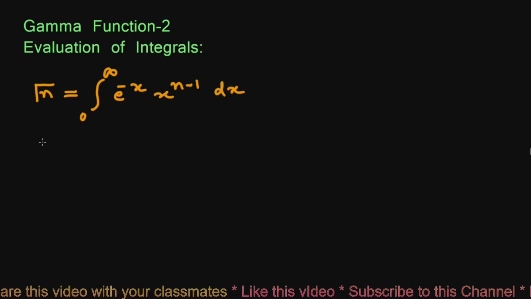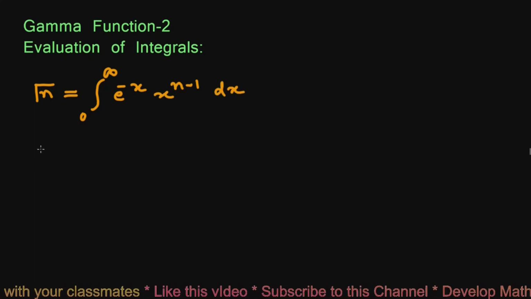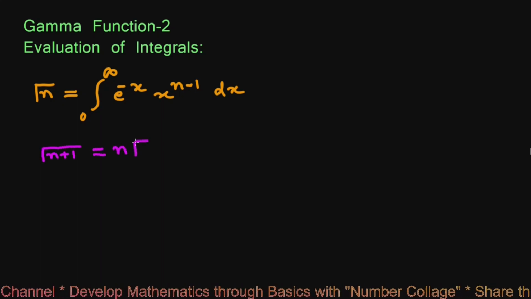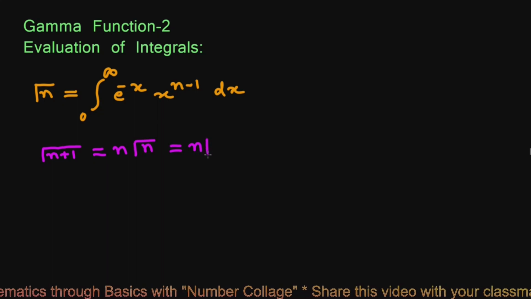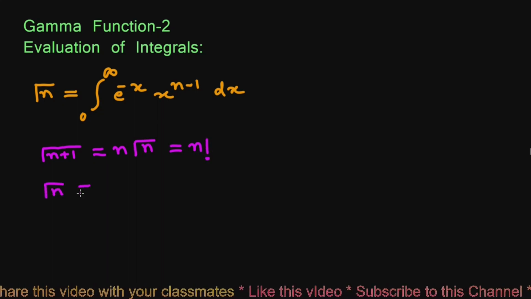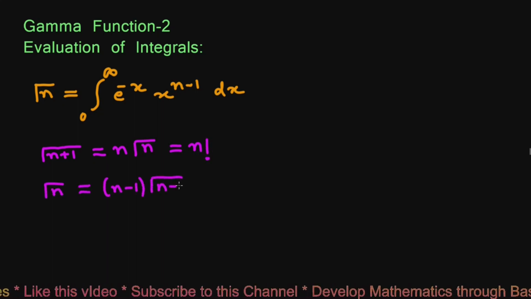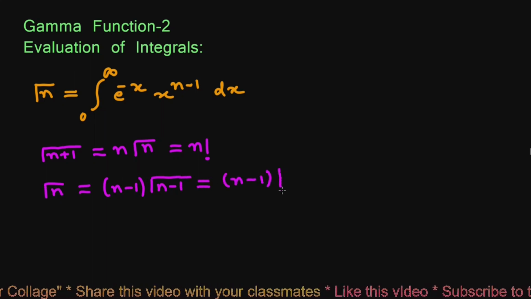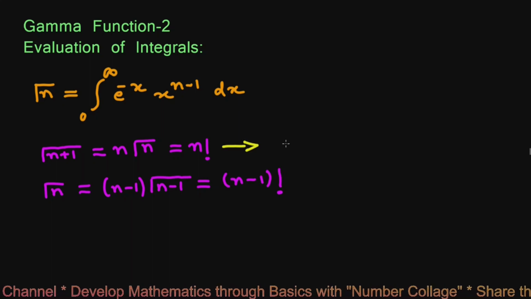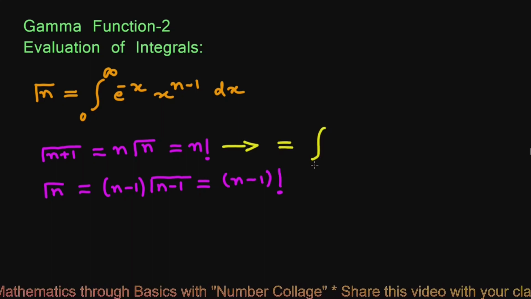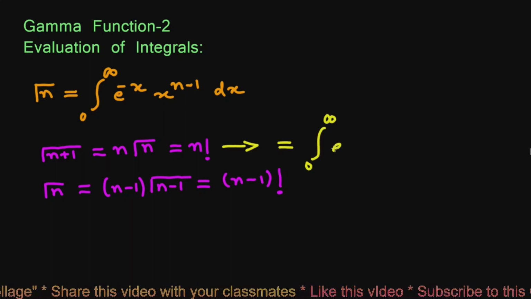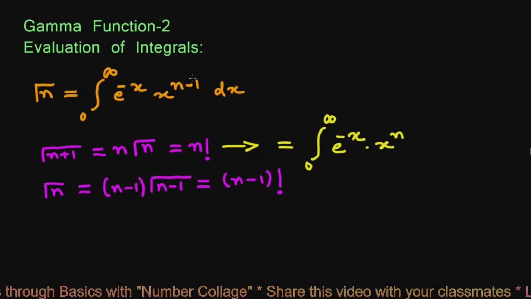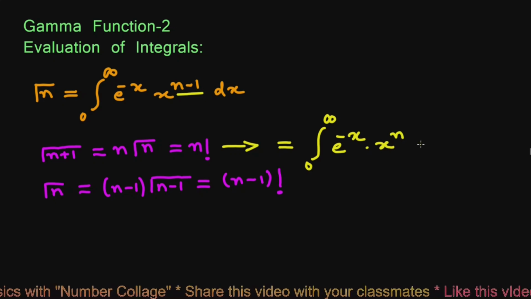Then the properties of gamma function, the first being gamma n plus 1 is n gamma n, same as n factorial, and gamma n is n minus 1 gamma n minus 1 equals n minus 1 factorial, and this n factorial is also equal to integral from 0 to infinity of e raised to minus x into x raised to n instead of this n minus 1 dx.